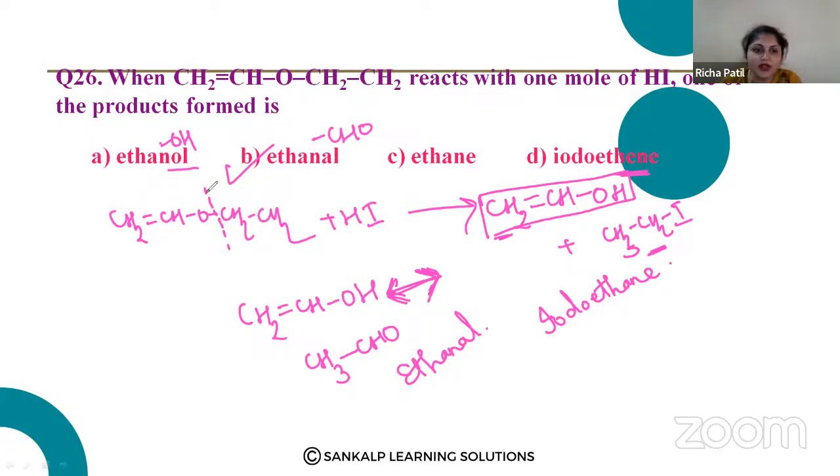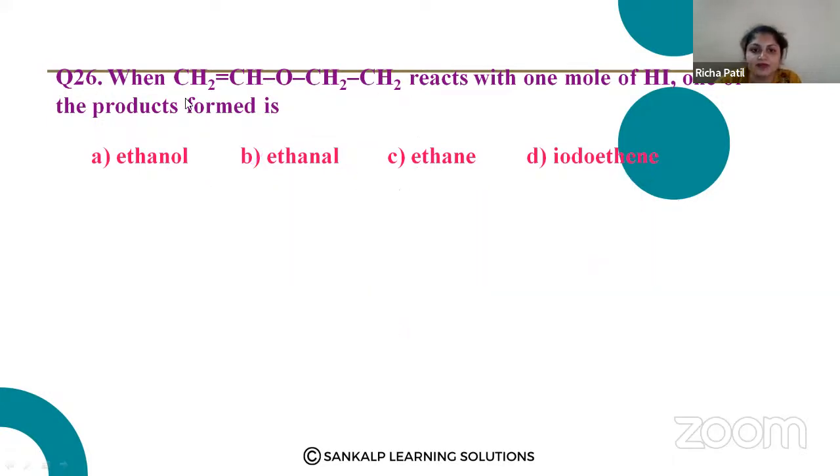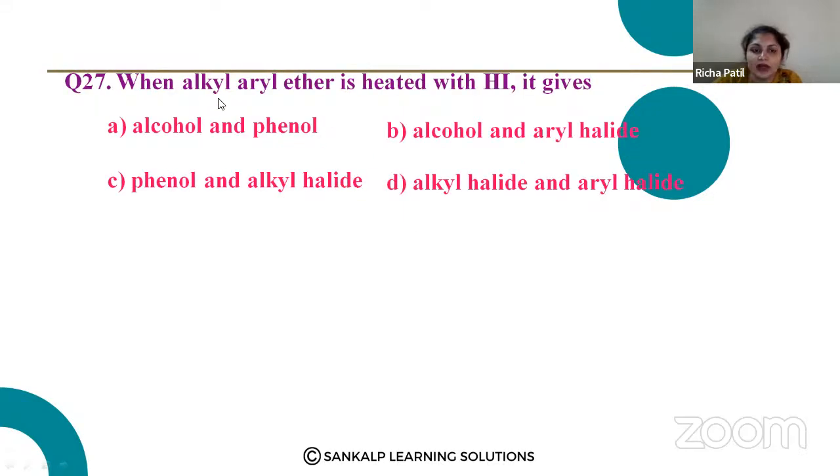So across this oxygen atom, the cleavage will take place between the carbon and oxygen. So this is the reaction. When an alkyl aryl ether is heated with HI, what does it give?